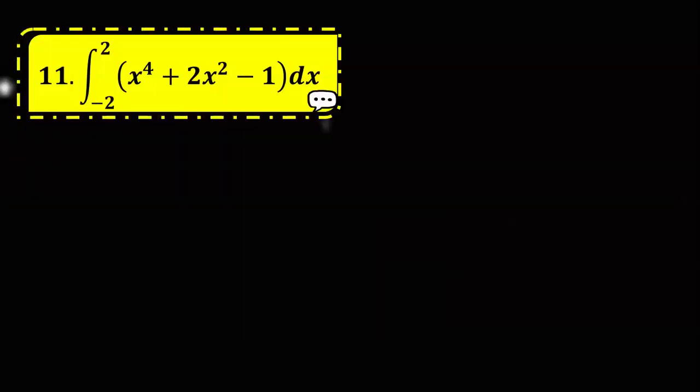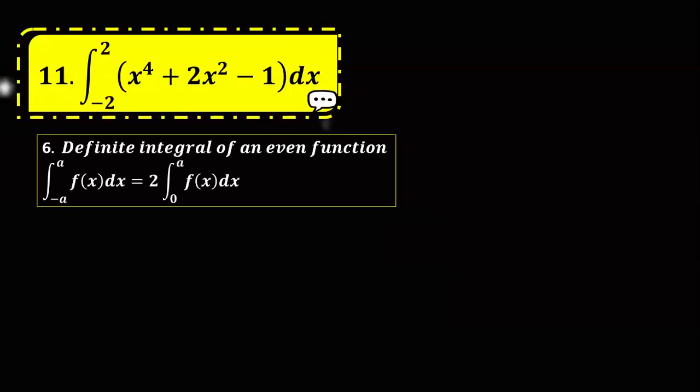Now let's proceed to this item number 11. Observe that this is an even function because of the presence of the 4th power and squared. And observe that we follow this pattern, -a to a, so it is under this one. Again, we simply get twice of that, and then we change the boundaries from 0 to a instead of -a to a.